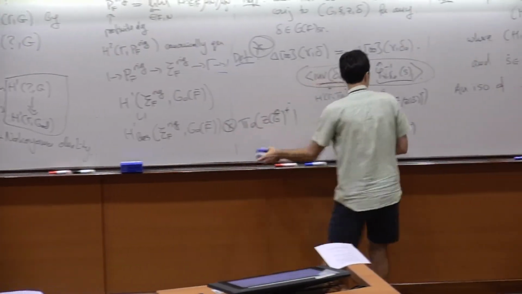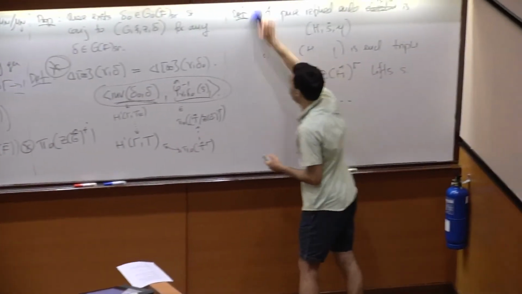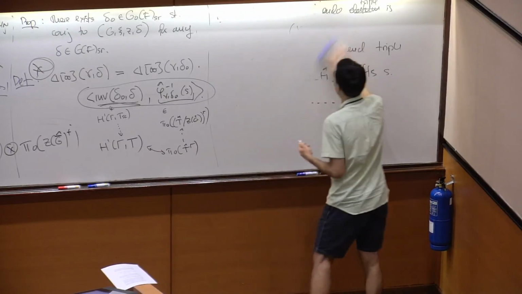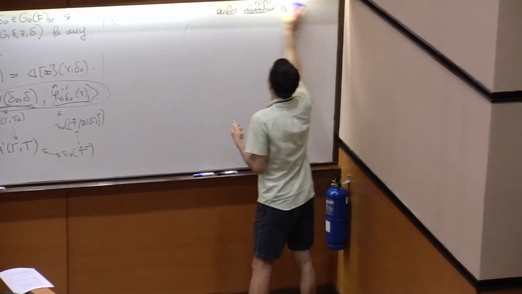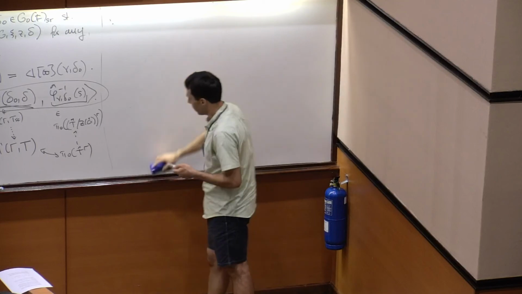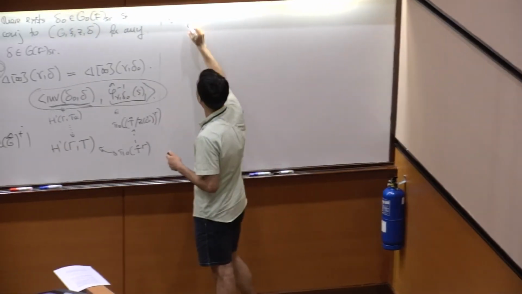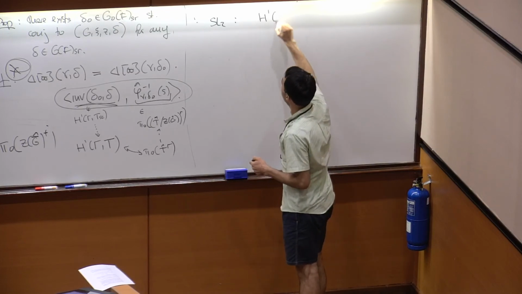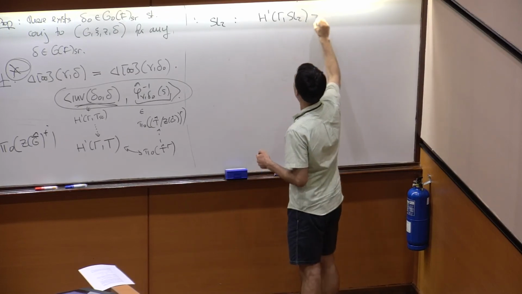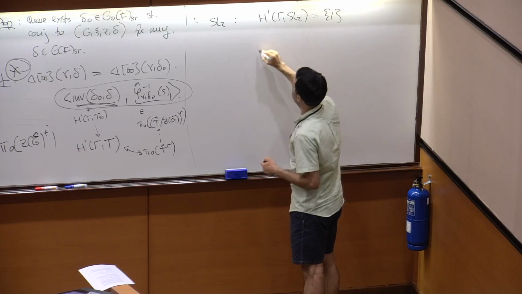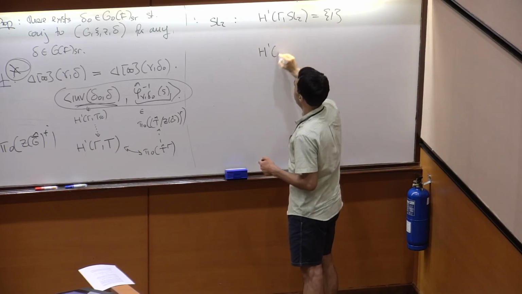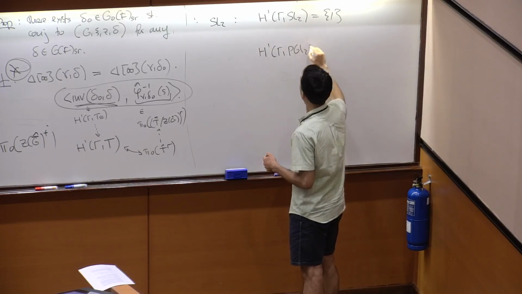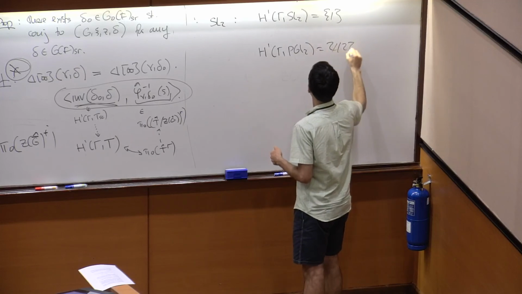Sure. So UPQ does not have this problem. For UPQ, every inner form is pure, but for SL2, H1 Galois of SL2 is trivial. These are the pure inner forms. H1 Galois of PGL2 is Z mod 2Z.